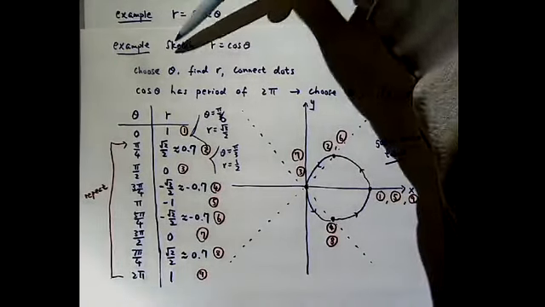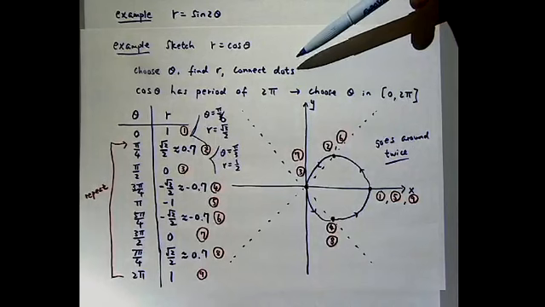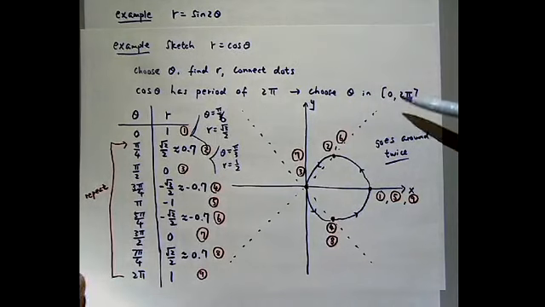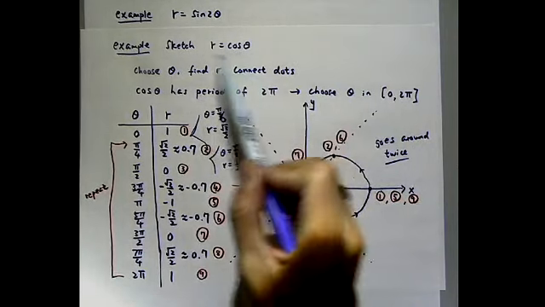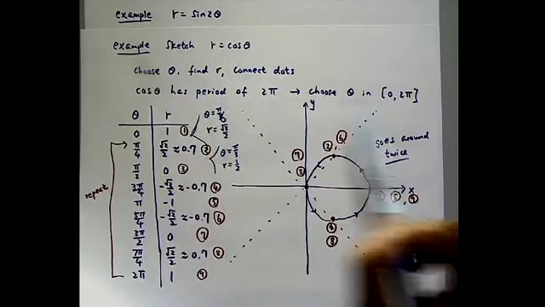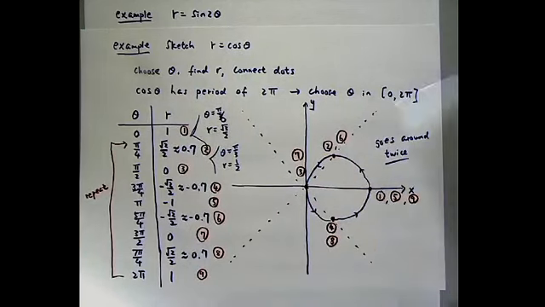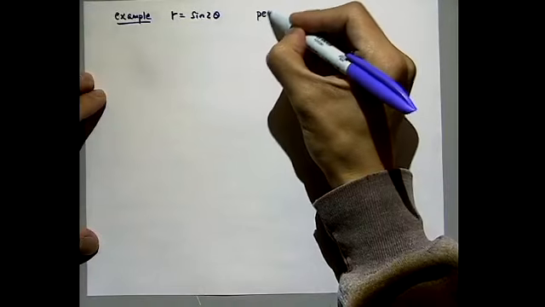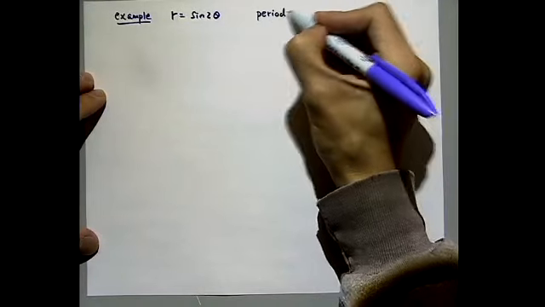We'll choose a bunch of theta, find the r, connect the dots. And what theta to choose? Once again, we try to find out what the period is, and then choose representative values within that period. So what's the period of sine of 2 theta, and how do you find that? Remember how to do this?